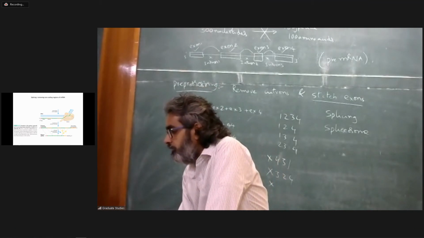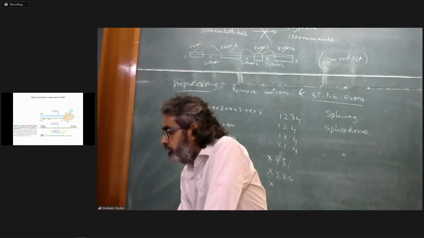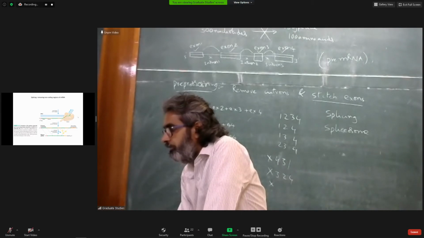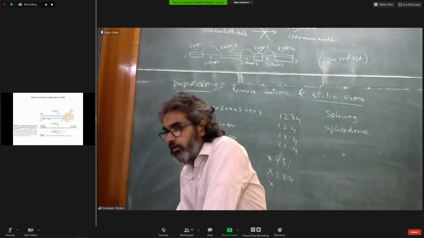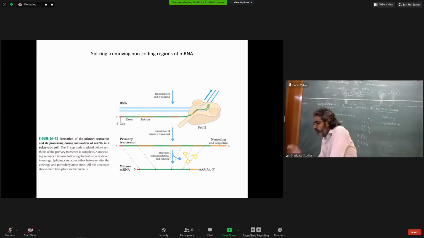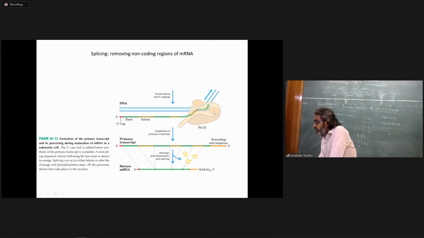This is an important step, but often ignored because people always think that mRNA is directly coded to protein in the central dogma. Often people miss that there is an intermediate step. The top picture shows Pol II, an RNA polymerase, binding to a DNA strand and synthesizing RNA. RNA is synthesized from 5' to 3'. You have green exons and introns in it.